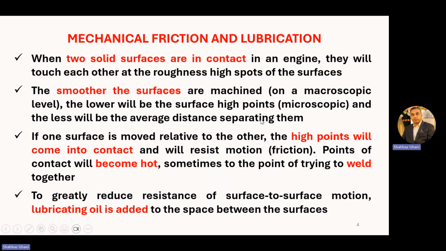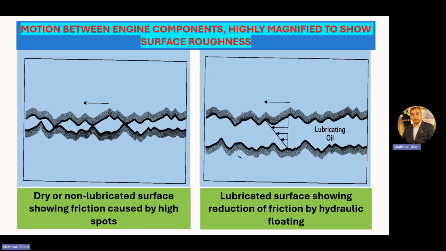When we machine any material or any component, there are some rough patches there. Until we achieve a high degree of machining, the rough patches will be there. This is the upper part, one part of a moving substance, and this is another assembly.